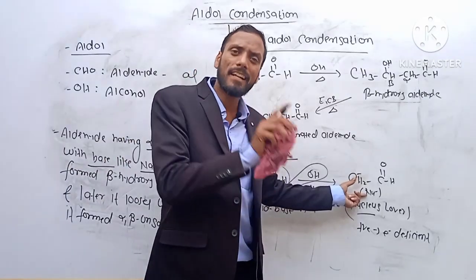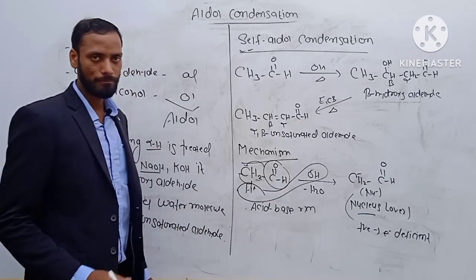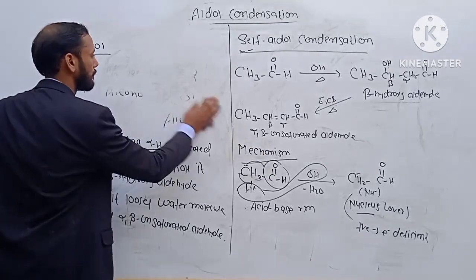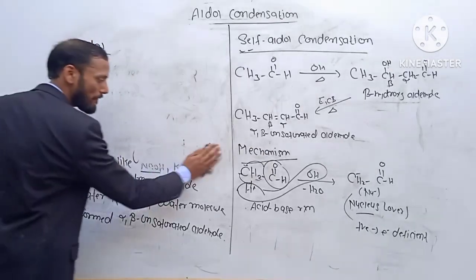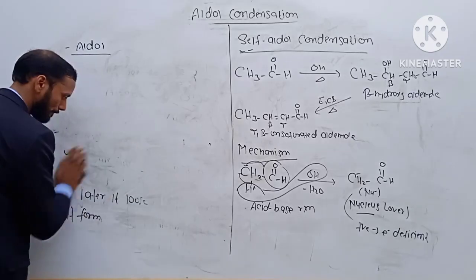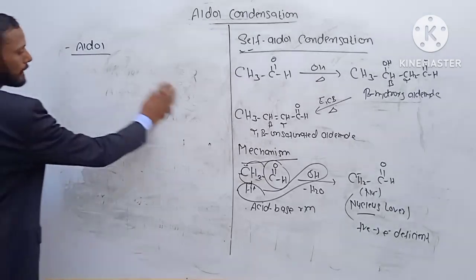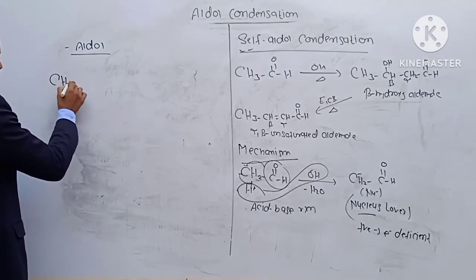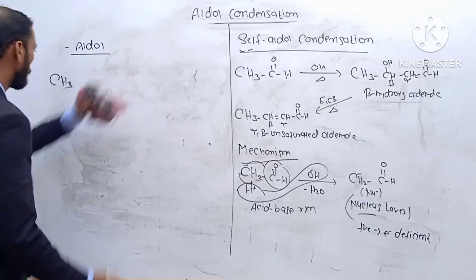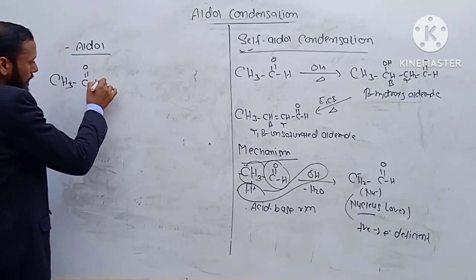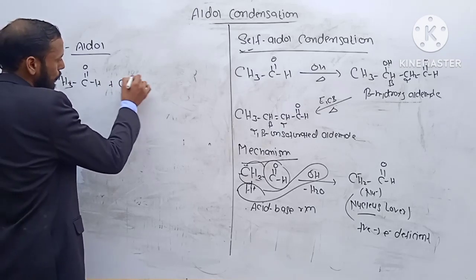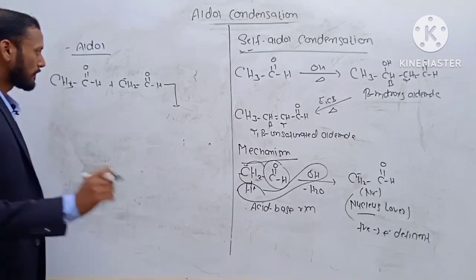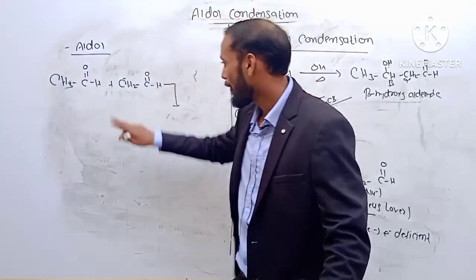So we take another molecule of acetaldehyde, because I am talking about self aldol condensation. We take another molecule, CH3C double bond OH, and the nucleophile CH2 C double bond OH. Now listen carefully.